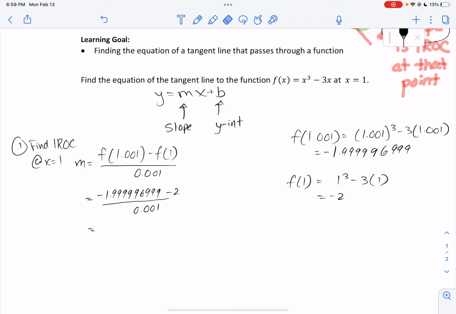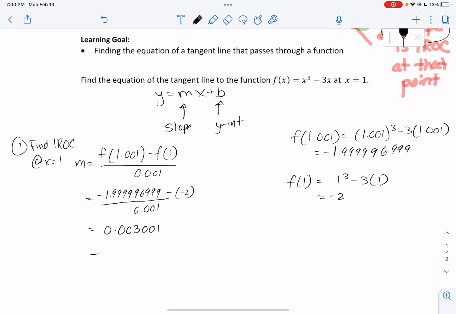I should have written that like that, sorry. And that ends up being very close to 0, even after we divide it by 0.001. We get 0.003001.